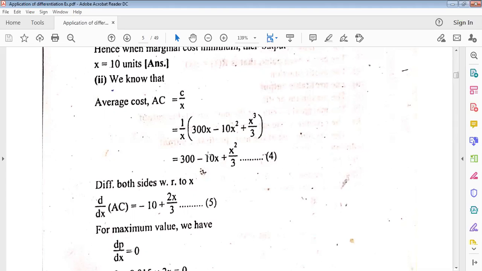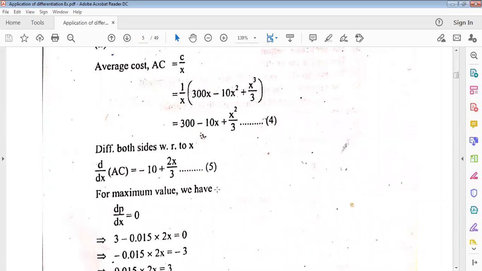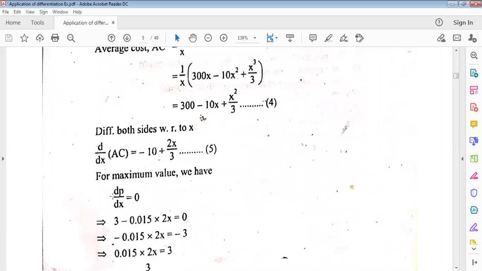Differentiation of x is 1. This is why only minus 10. Then x squared differentiation is twice x divided by 3. Just after differentiation we get equation number 5. Now for the maximum or minimum value, the first differentiation will be 0.